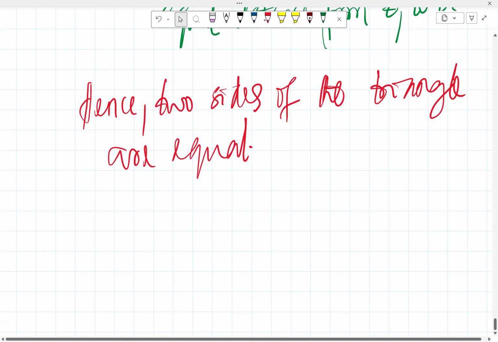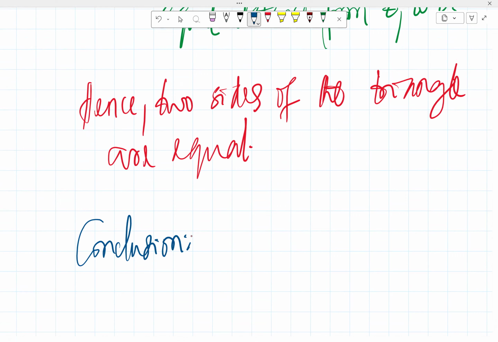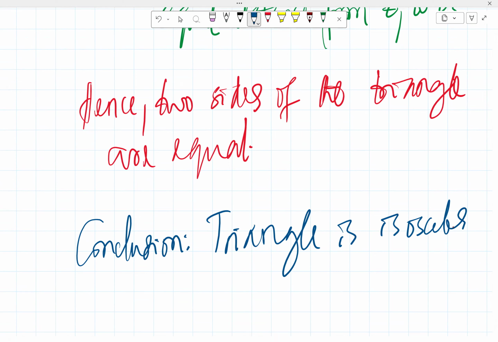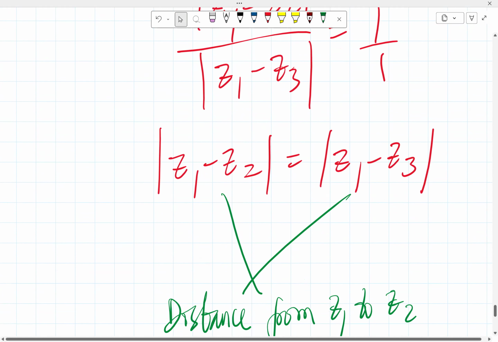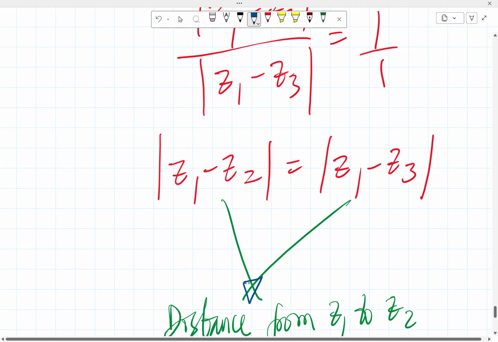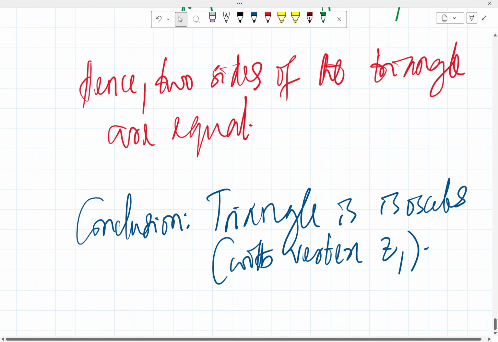So in conclusion, we can say that the triangle is isosceles, and it is based on the fact that with vertex as Z1, the distance from Z1 to Z2 is the same as the distance from Z1 to Z3. So Z1 is basically the reference point.